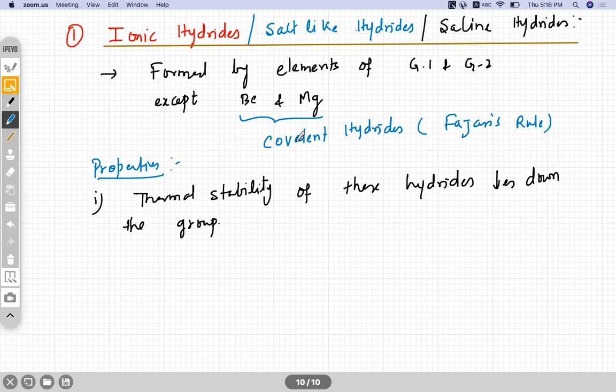As size increases, bond length increases and thermal stability decreases. So LiH is more stable than NaH. NaH is more stable than KH and RbH, etc. Group 2, if you see, CaH2 is more stable than SrH2 and then BaH2.